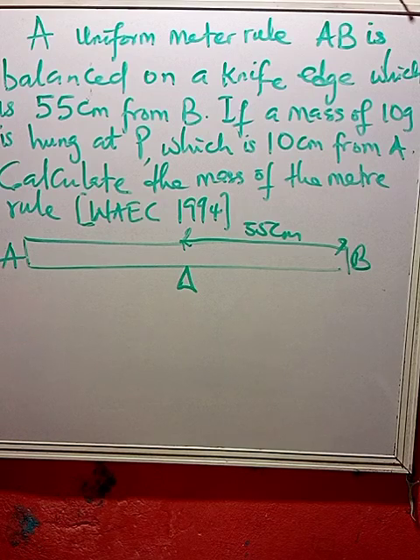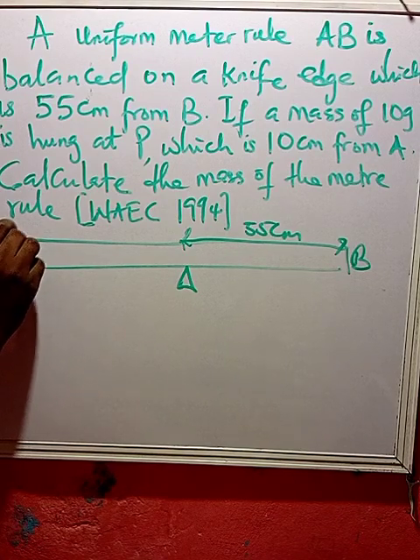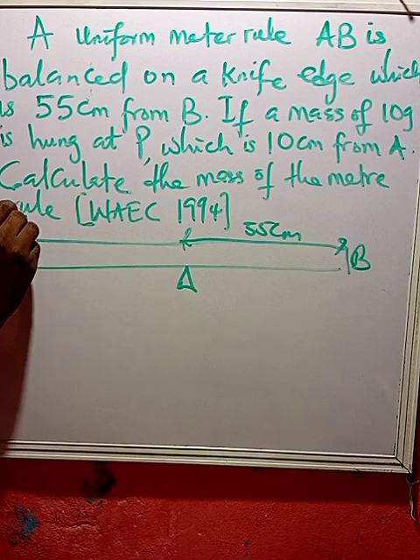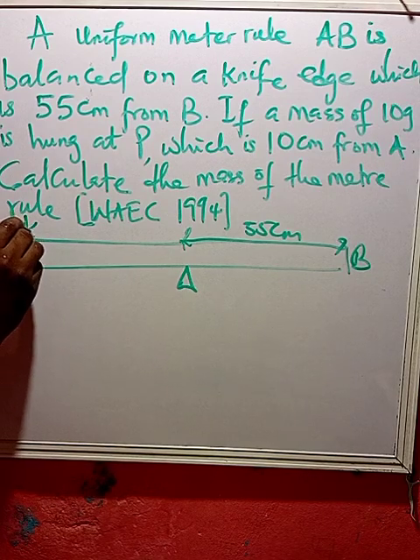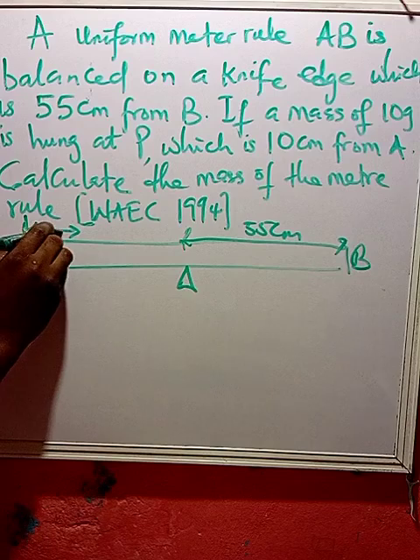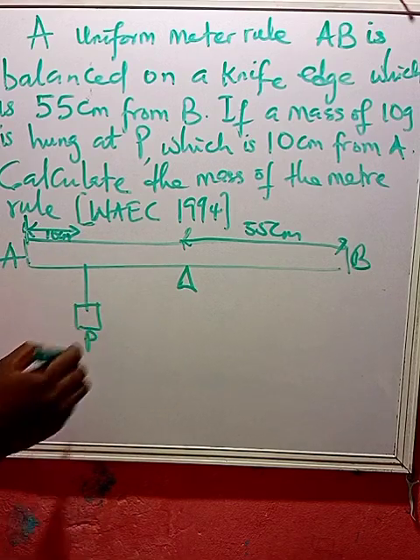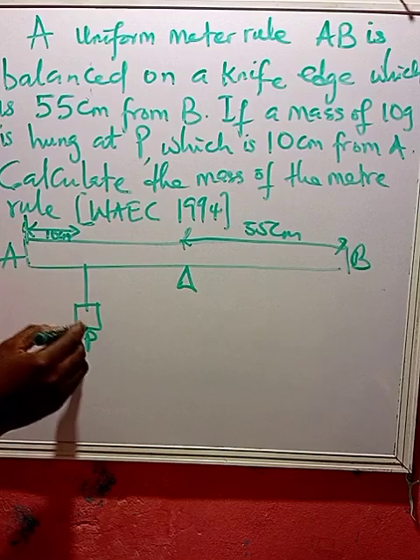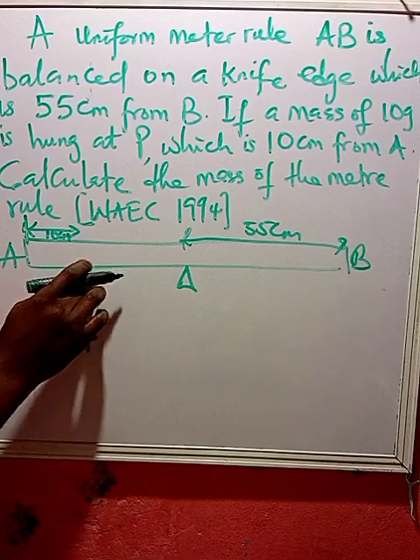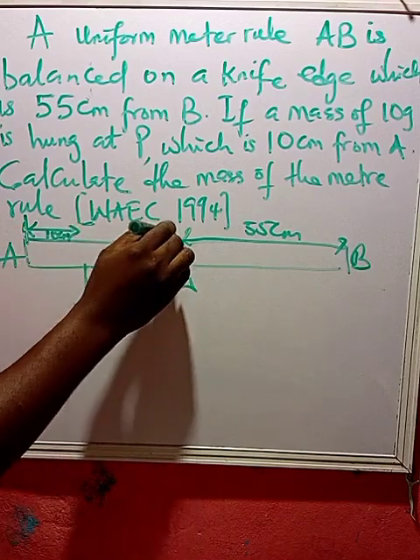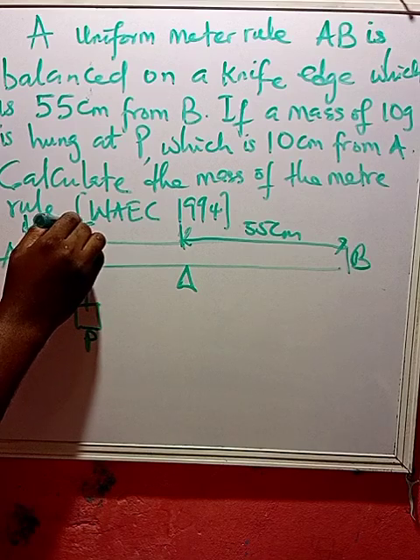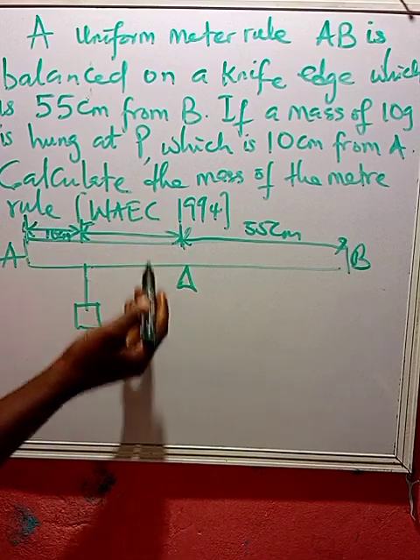Now, a mass of 10 grams is hung at P, which is 10 cm from A. So we measure from A to here, that is 10 cm, and that is where P is lying. So from here to here will be 45.